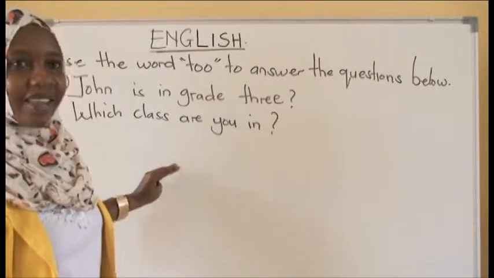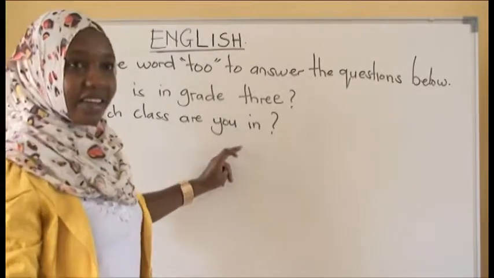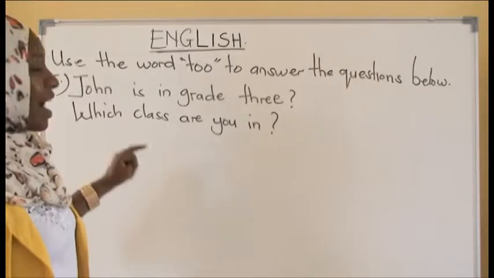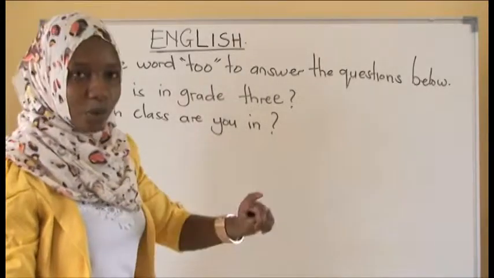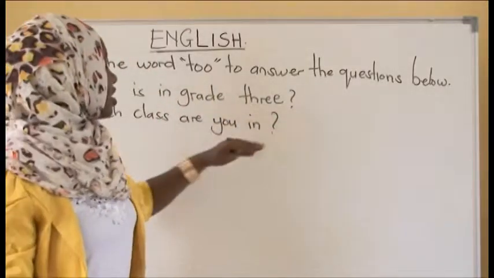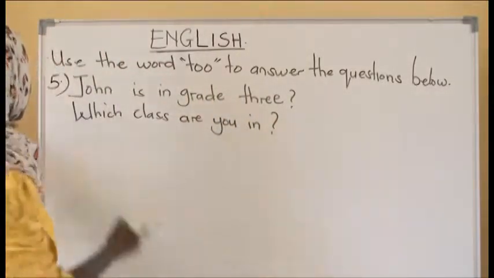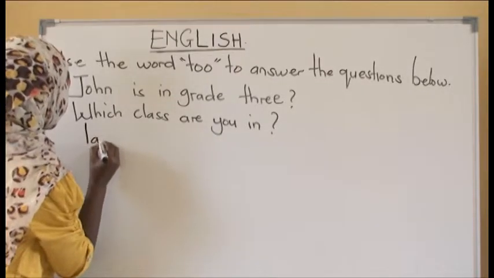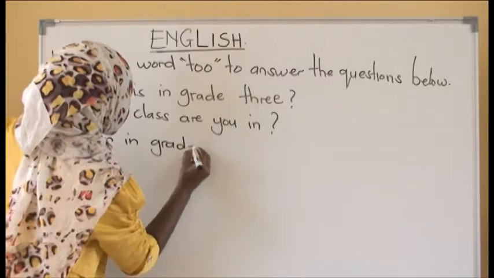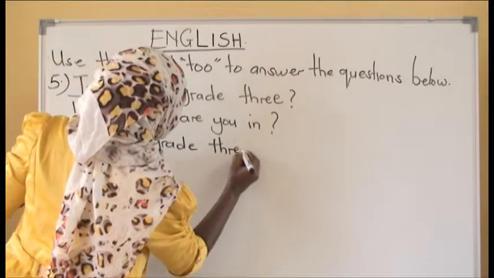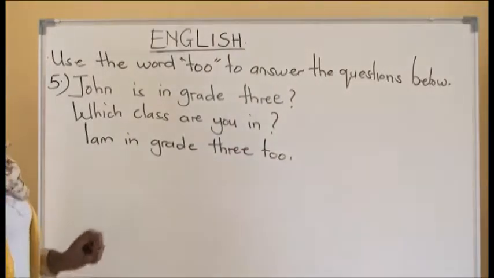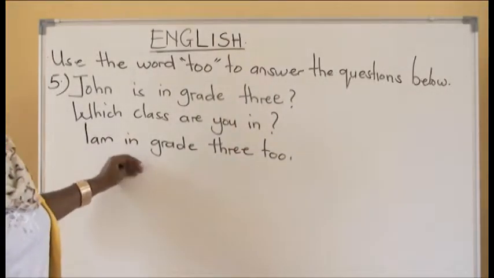I'm very sure that you are also in grade 3. So, in answering this question, you are going to say, I am in grade 3 too, because John is in grade 3 and you are also in grade 3. Using the word to, you are going to say, I am in grade 3 too. This was what was supposed to be done.